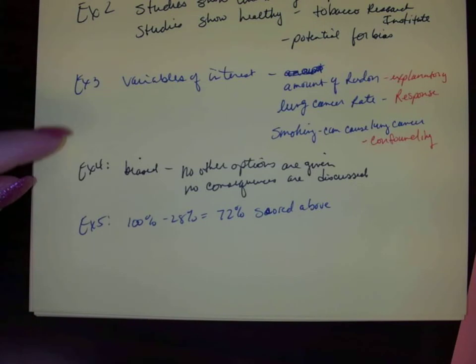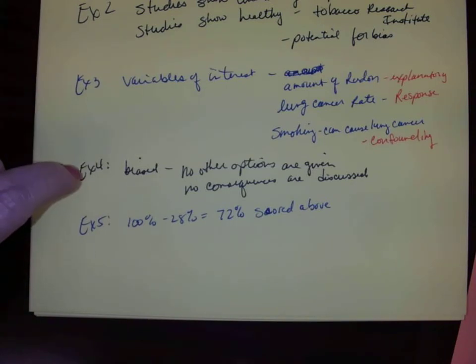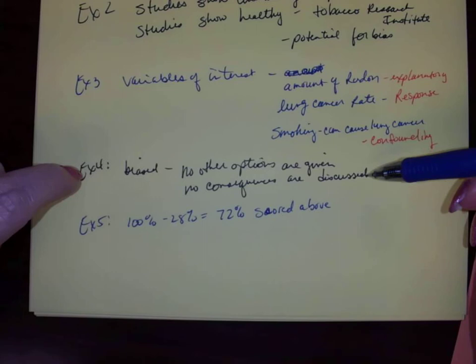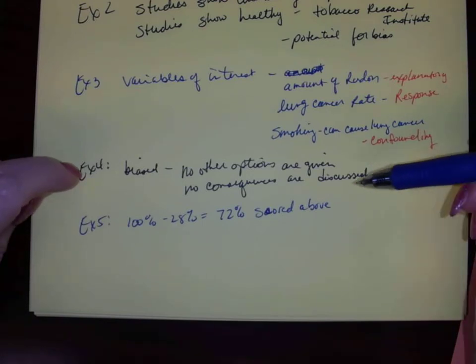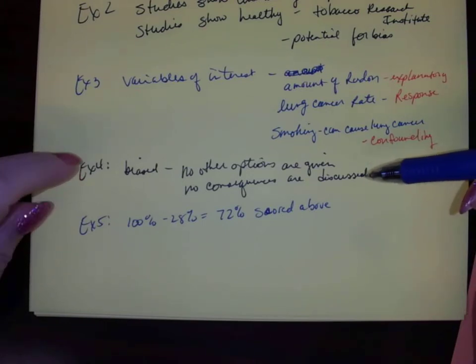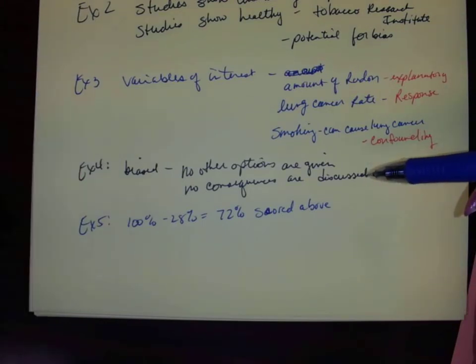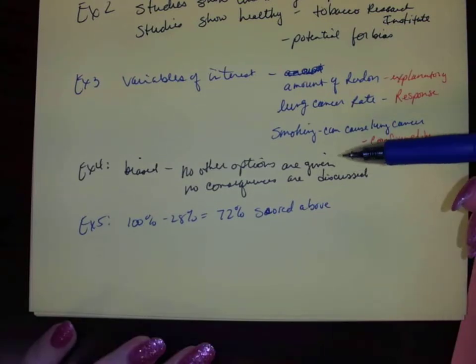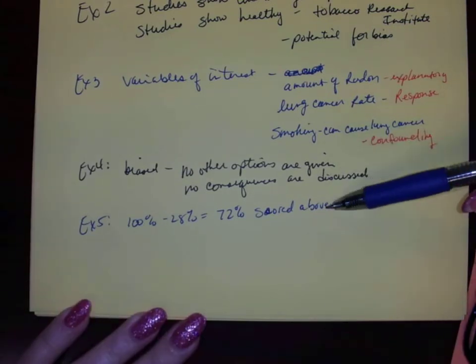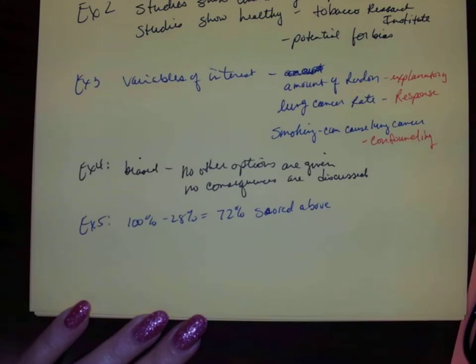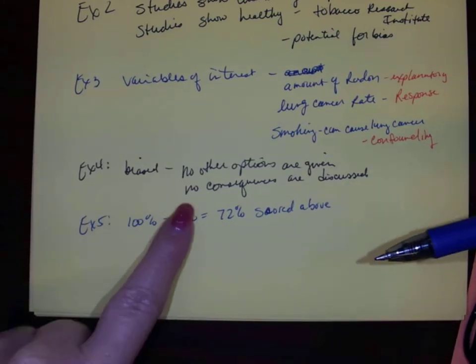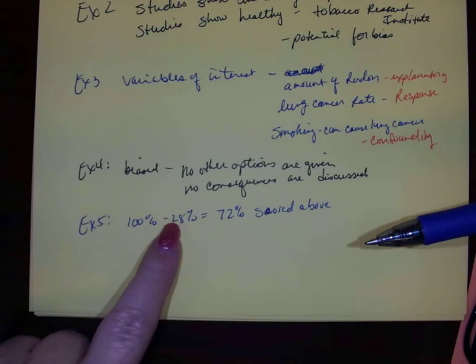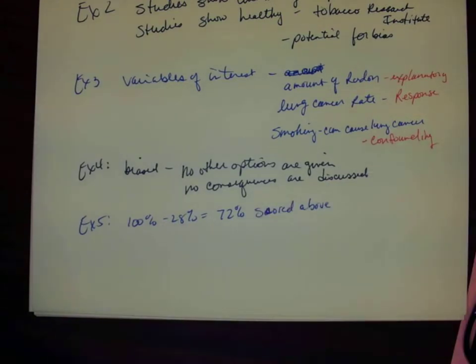On the previous one, where there was bias and no other options given, no consequences are discussed, that could have also looked at the setting and the wording in the survey because they didn't give you more as well besides the bias. And this one, where we're looking at the score, maybe the results aren't presented fairly because they're focusing on the 28% below instead of 72% above.